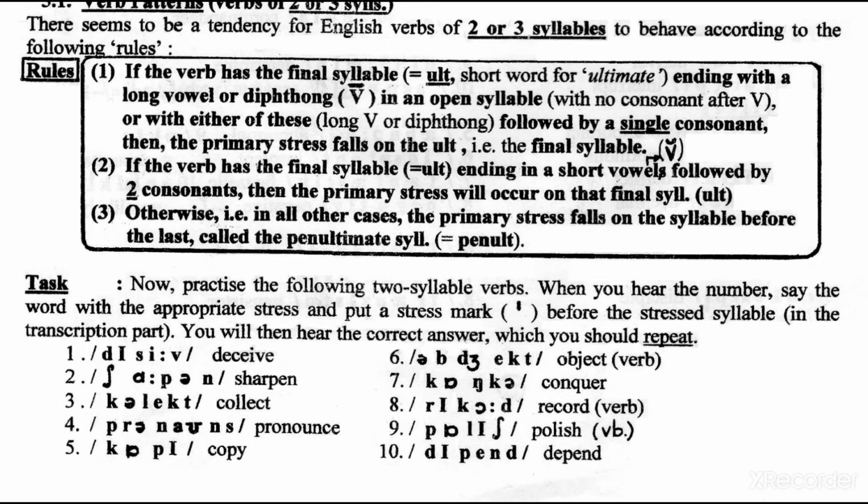Which one in 1a? Because we have 3 cases in 1a. Yes, it's Rule 1a, long vowel followed by one single consonant. Here we have the long vowel E followed by one single consonant, which is V. So here, we have Rule 1a.